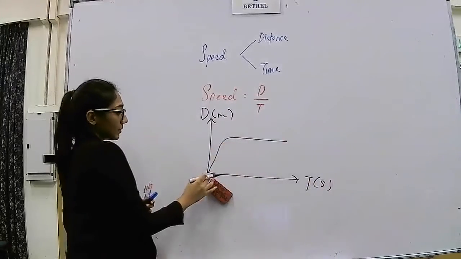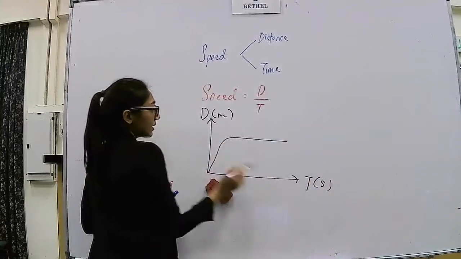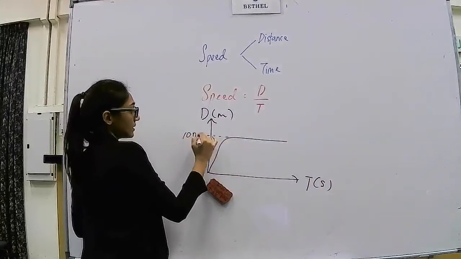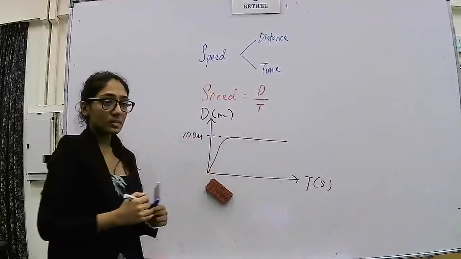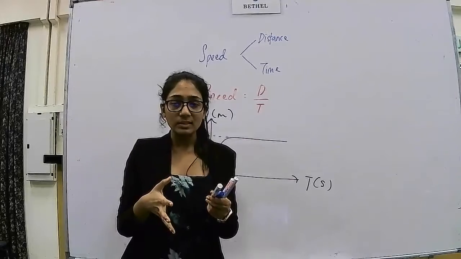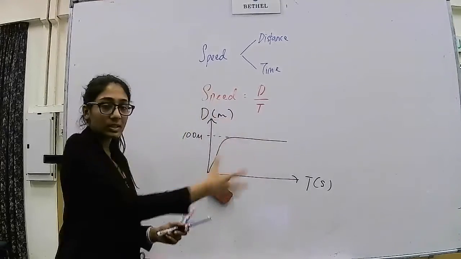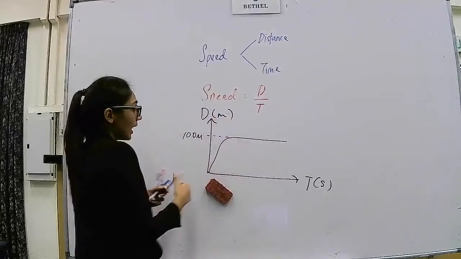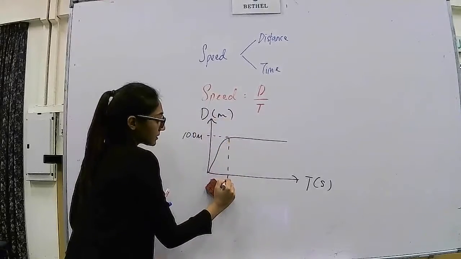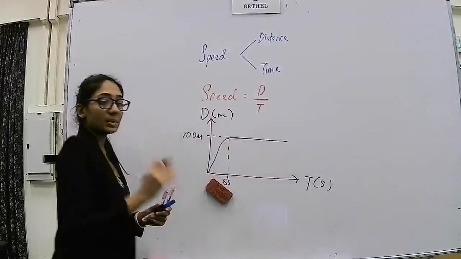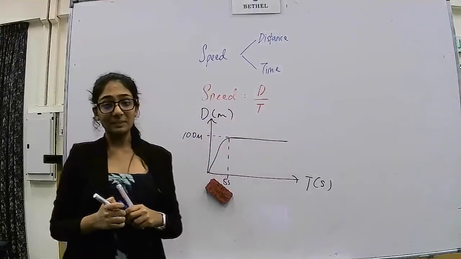What does that mean? As time is increasing, my distance is also increasing until it comes to this point. Let's say this is 100 meters. Then it stays at 100 meters. If something is staying at 100 meters, it means it's not moving. After a specific time, let's say 5 seconds, it's at the same distance. That means the car has stopped moving.